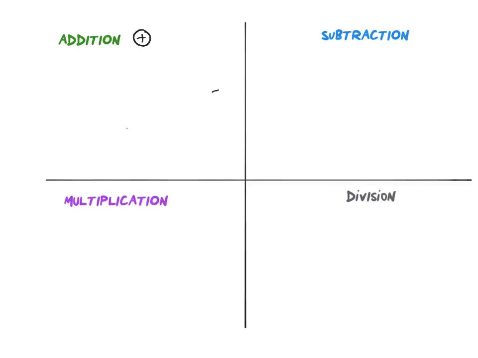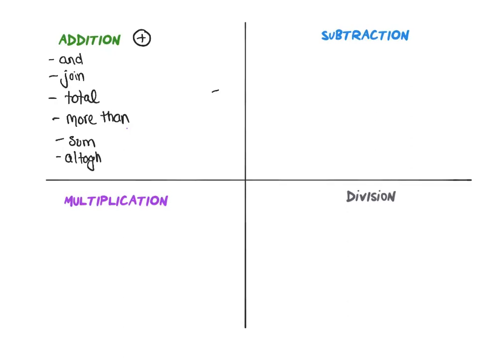Words we might see are things like and, join. So we join 3 and x. The total, so if I said the total of 3y and 4y, you know that's adding. If you see the words more than, so if it's 4 more than, it's plus 4. Sum is another word. Might see things like altogether.